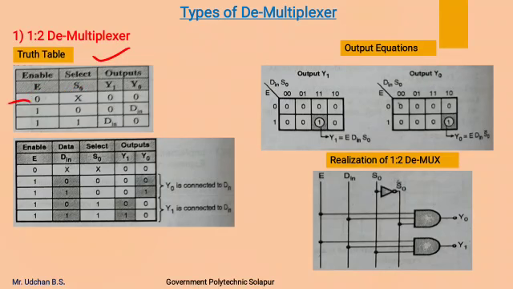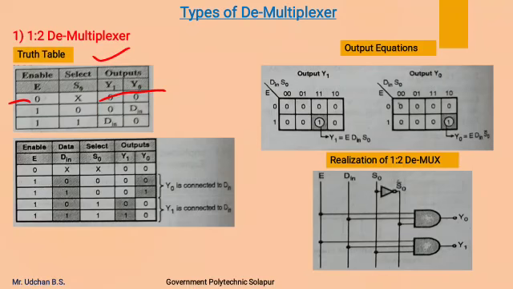So irrespective of data input and status of select input, either 0 or 1, we will get a default 0 output over all the output lines of the demultiplexer when enable input is 0. So we can say that when enable input is 0, the demultiplexer is in off state, or disabled.